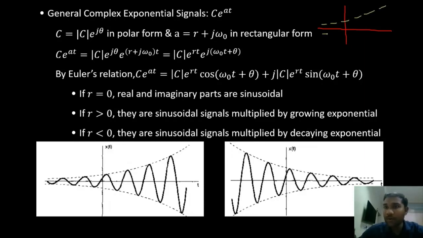This will be my growing exponential, and my cos signal will look like this. And my sine signal will look like something like this.